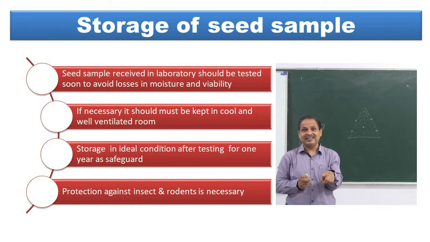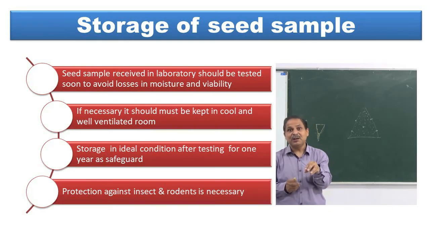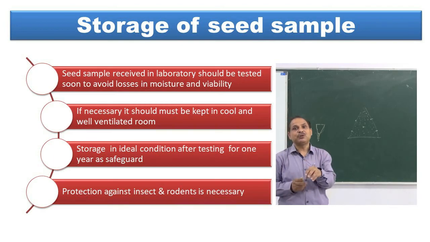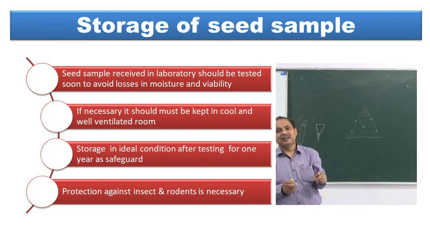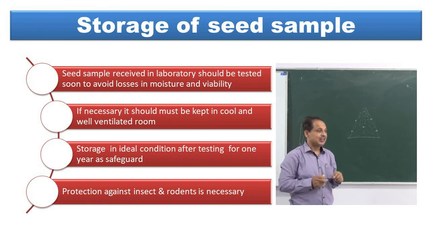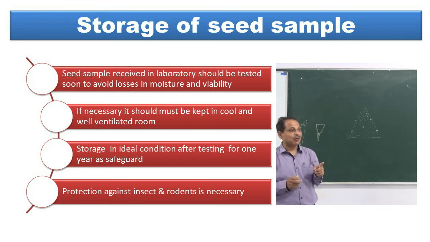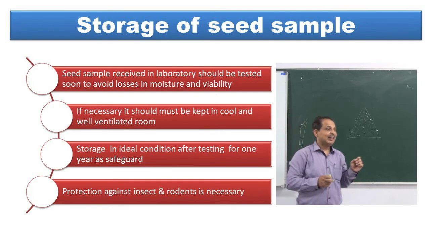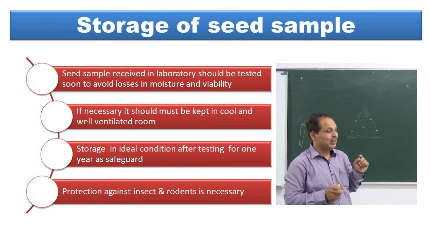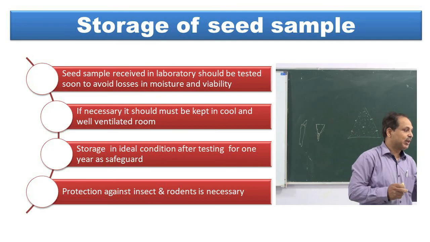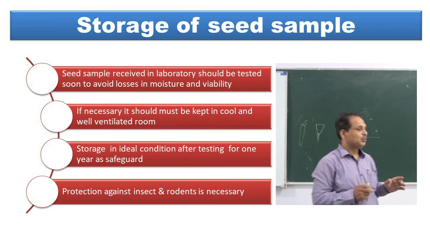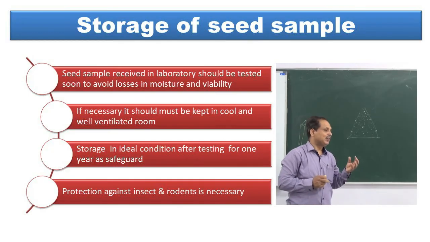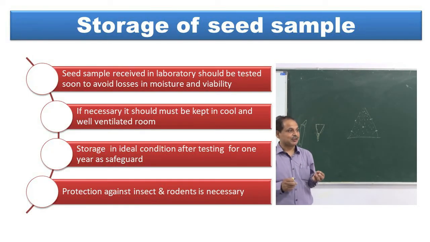In that case, if the seed samples are not stored as a safeguard, it is not possible to retest and give the result of the seed testing. So it is very important to store the seed for 1 year as a safeguard. Protection against insects and rodents is also essential to store the seed samples properly.